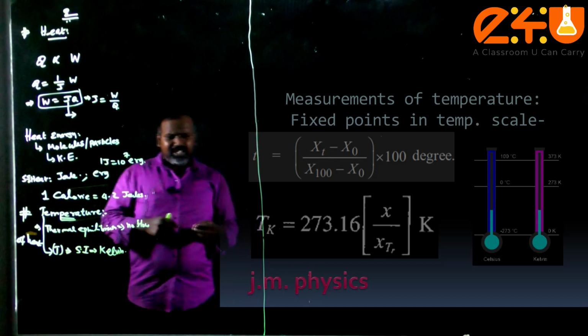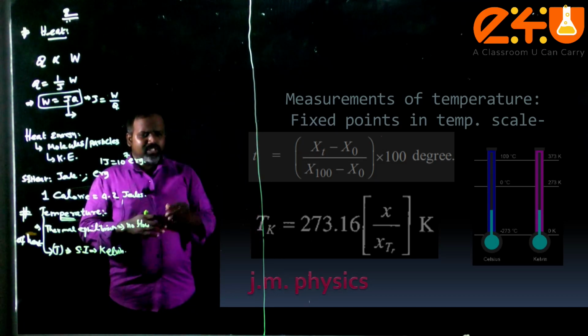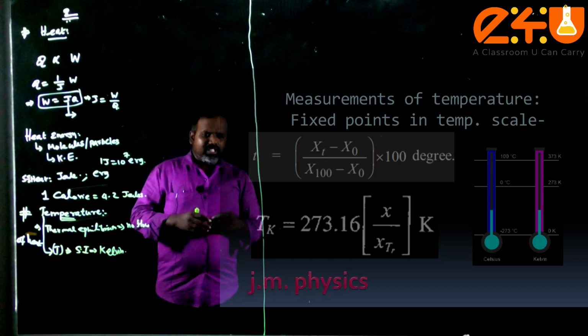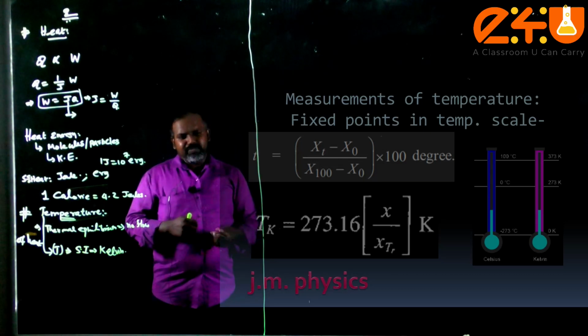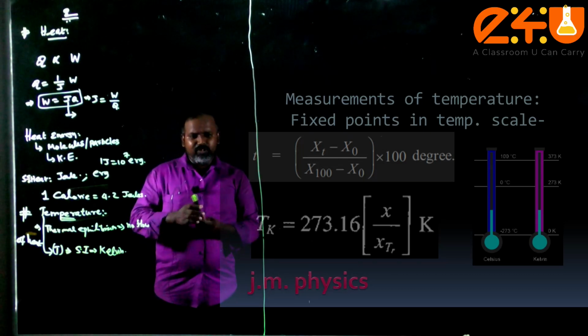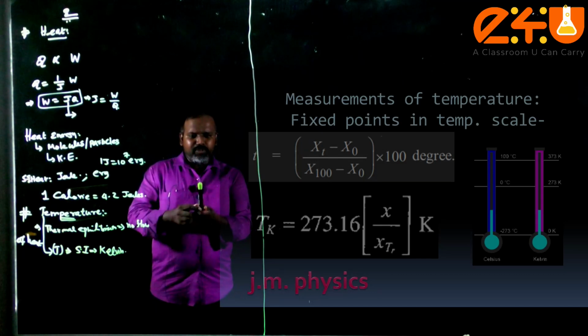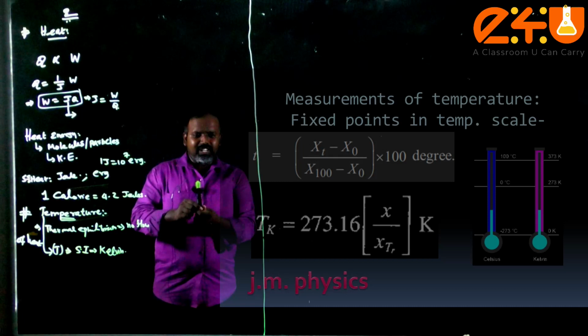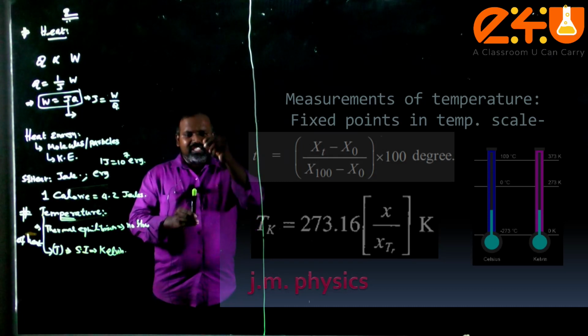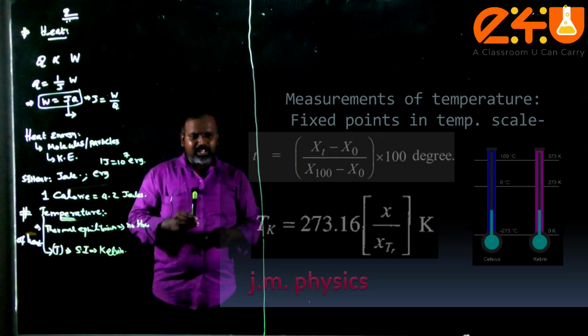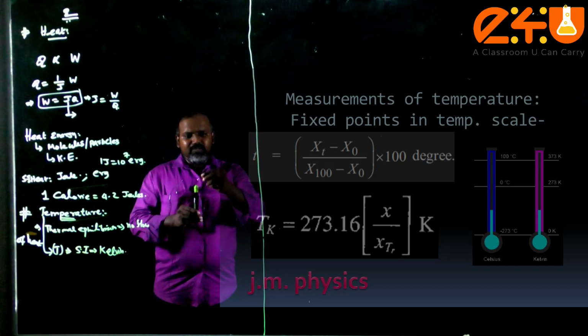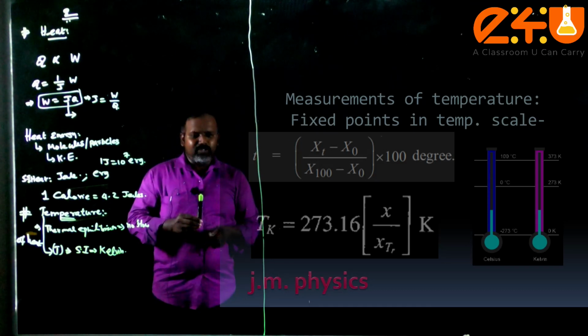In that, we are using some liquid whose physical property or physical parameter may change with respect to temperature. For example, when you hold the alcohol thermometer, when heat is transferred from your hand to the bulb of the thermometer, then there is an increase in length of this alcohol or mercury column. That means the length of the liquid column changes with respect to temperature.